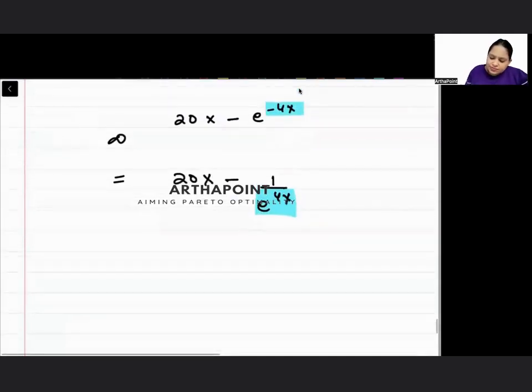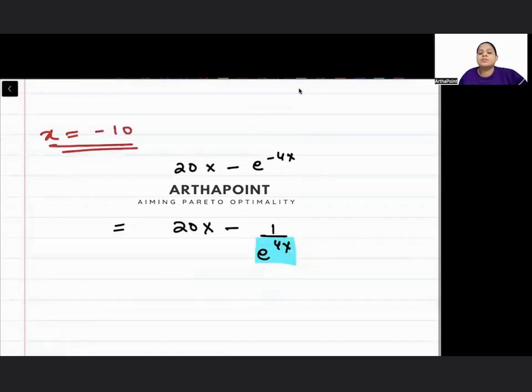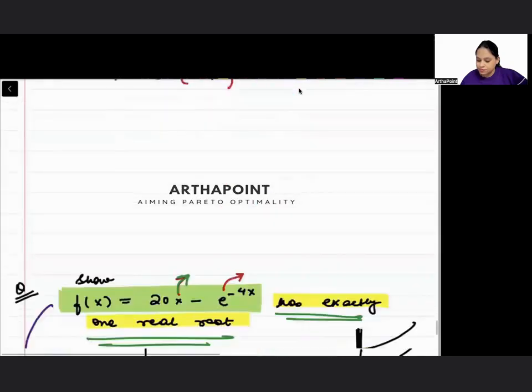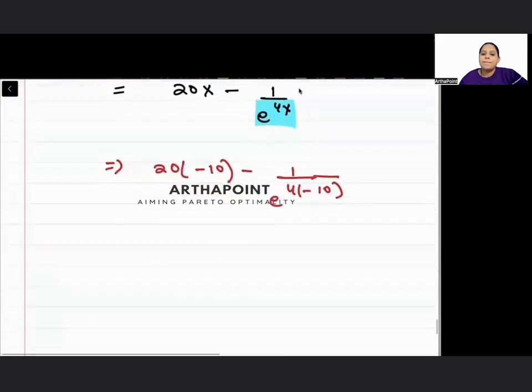Suppose, I'll show you using both the methods. Suppose I go ahead and I take x as minus 10. तो क्या आ जाएगा? I'll get 20 into minus 10 minus 1 by e to the power 4 into minus 10. ठीक है?